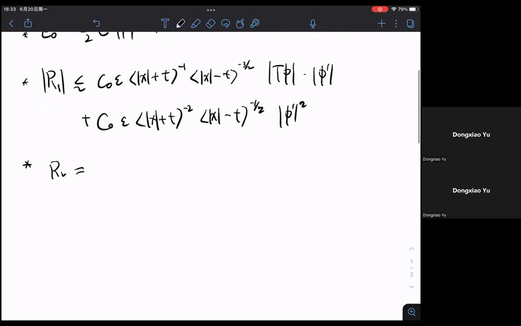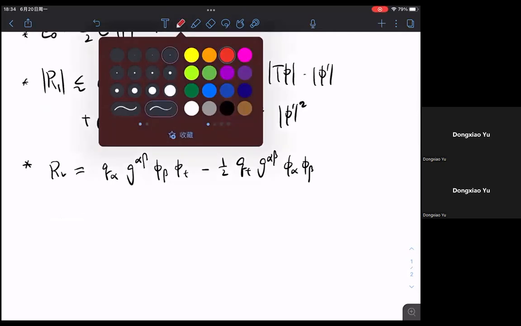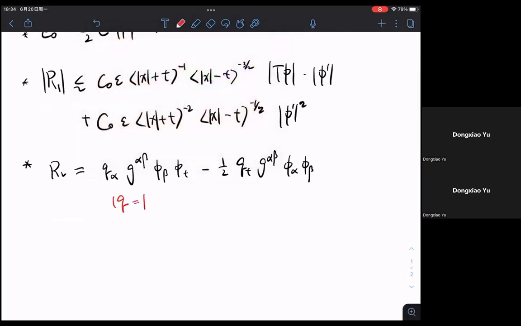So we have Q^alpha G^alpha beta phi_beta phi_t minus 1/2 Q_t G^alpha beta phi_alpha phi_beta. Here, Q is equal to the radius, x minus t.